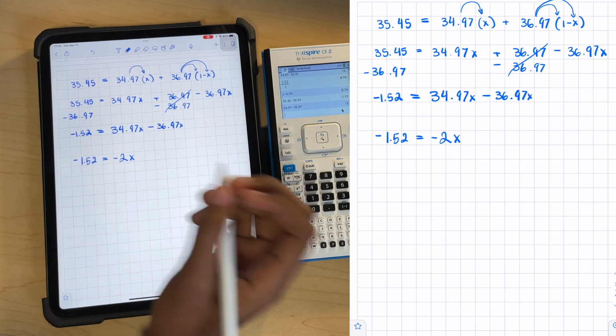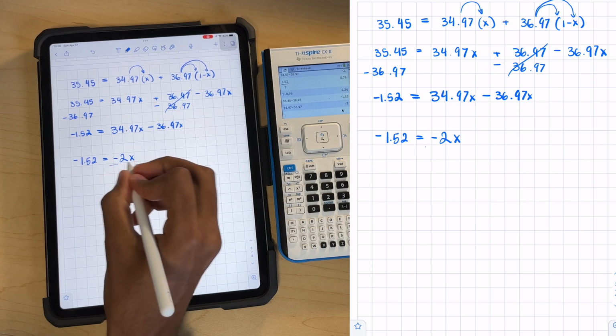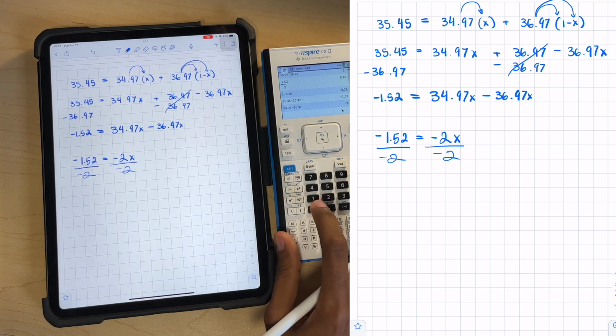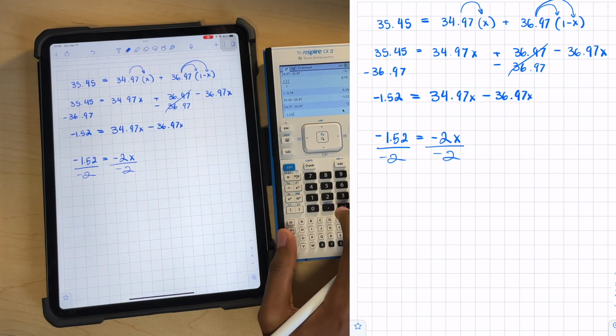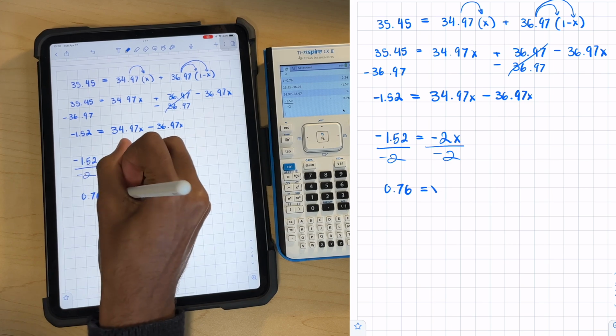We're almost done. This is the easiest part. Just divide this side by negative 2. Negative 1.52 divided by negative 2 equals 0.76, which equals x.